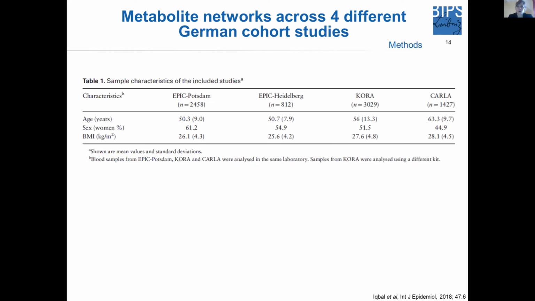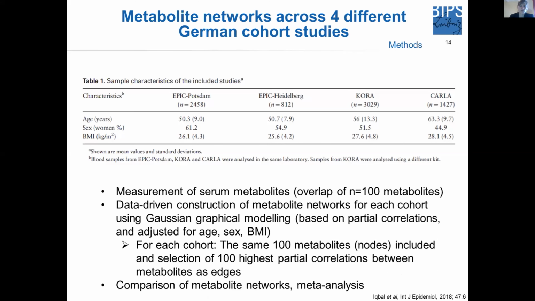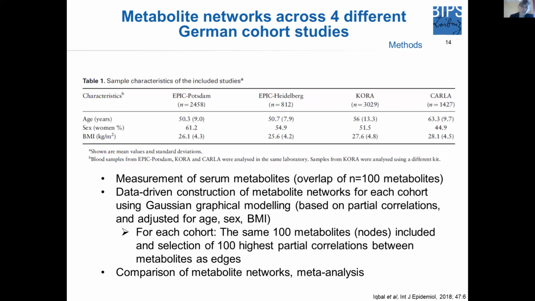And these four cohorts were all a little bit different. You can see a little bit different age. So CARLA participants were the oldest, also had the highest BMI, and were more likely to be men. And now what did we do? Well, we looked at what metabolites were measured in these cohorts, and we found an overlap of 100 metabolites that survived the quality check.